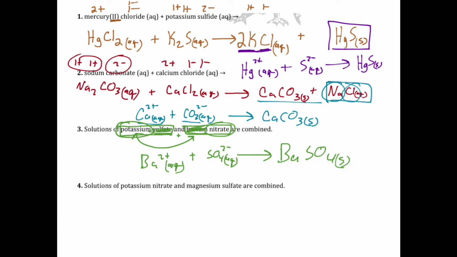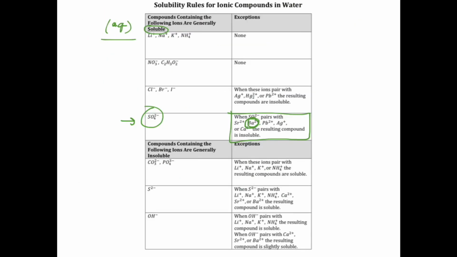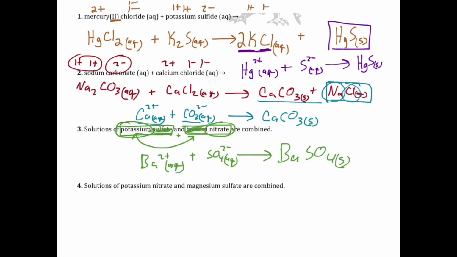They start off as aqueous and they end as aqueous. And you can even see that potassium and nitrate are both ions that are soluble, and they don't have any exception.